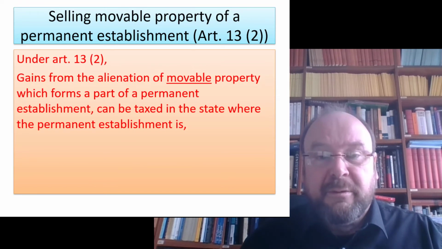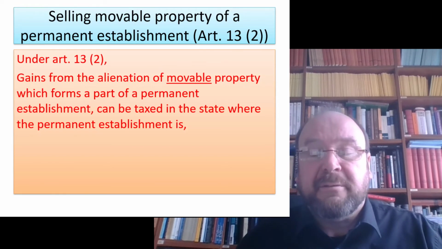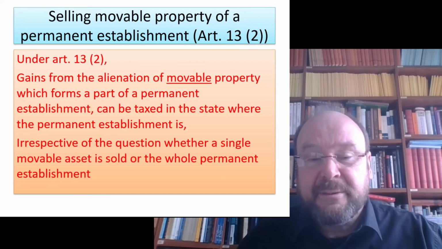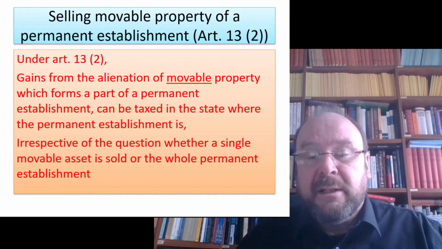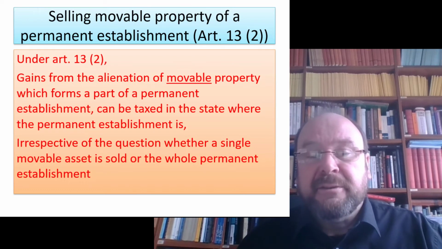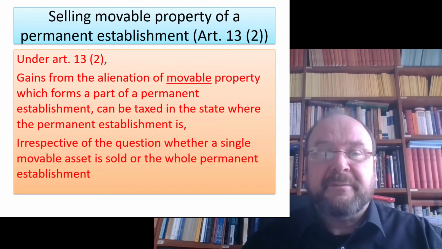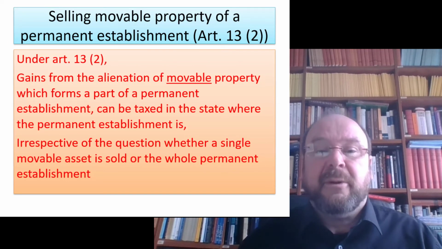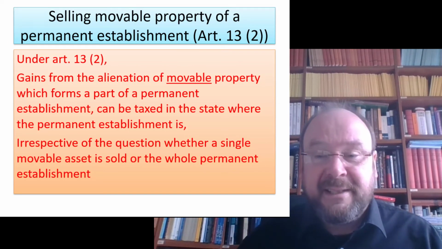It's restricted to the movable property because the immovable property of a permanent establishment is already dealt with under 13.1, as you have just heard. 13.2 just gives the right to tax the gain from a sale of a movable asset to the state where the permanent establishment is located, irrespective of the question whether you sell a single asset alone or the complete permanent establishment as a whole.